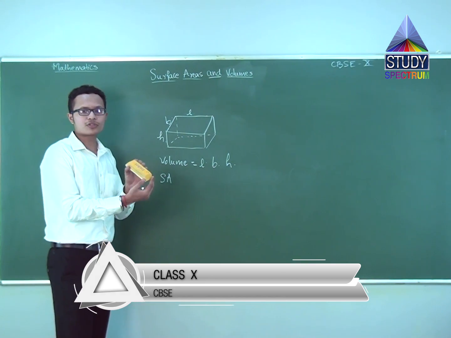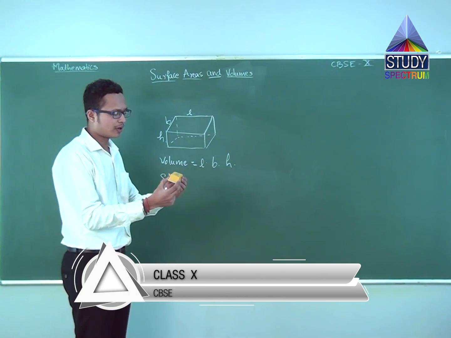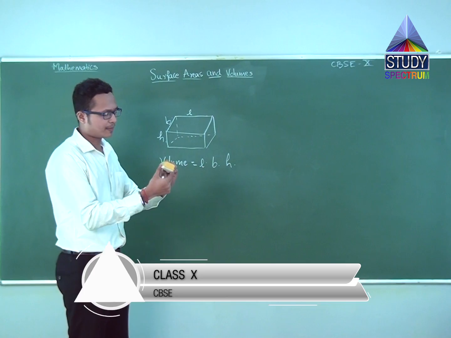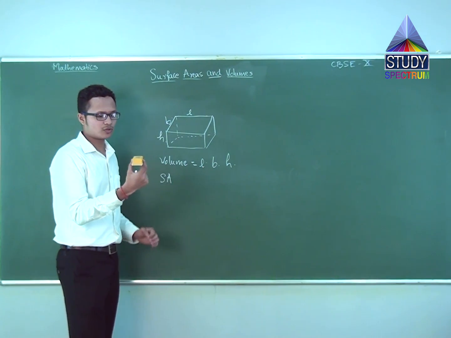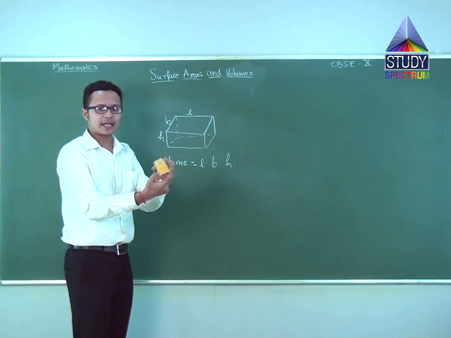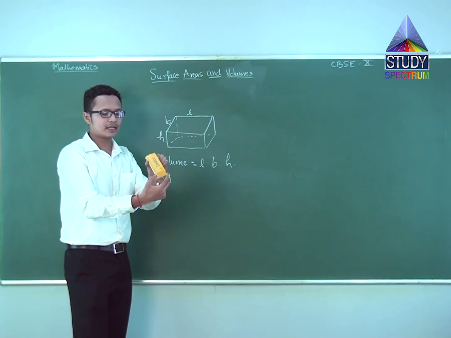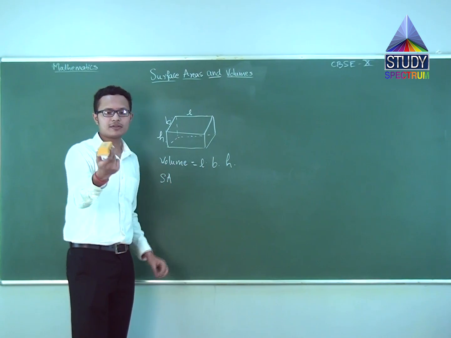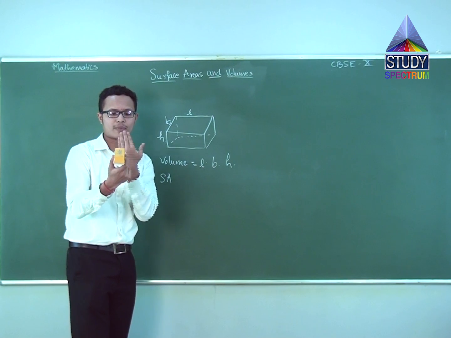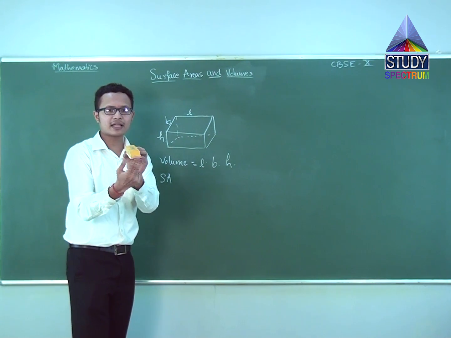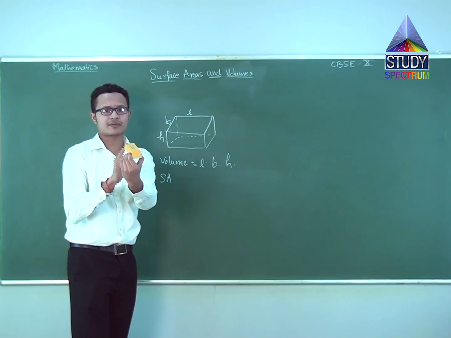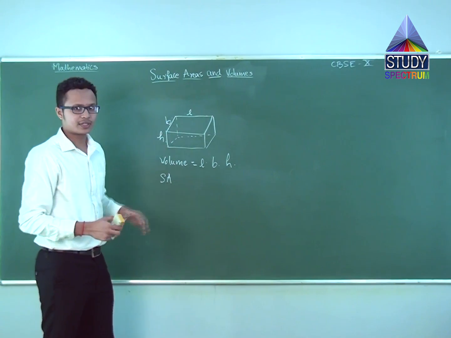This is almost a cuboid, not exactly, but it has 6 faces: 1, 2, 3, 4, 5, 6. I can see any face just by tilting it at certain angles. I'm seeing the front face from my point of view. Similarly, if I tilt it like this, I can see the back face. So that is surface area.